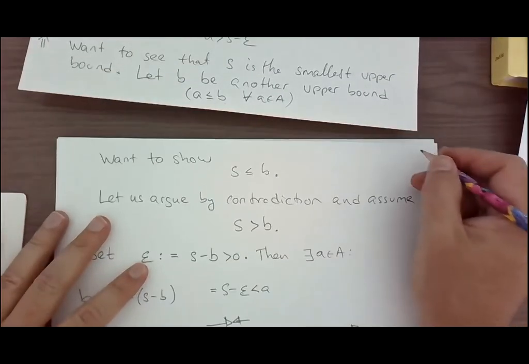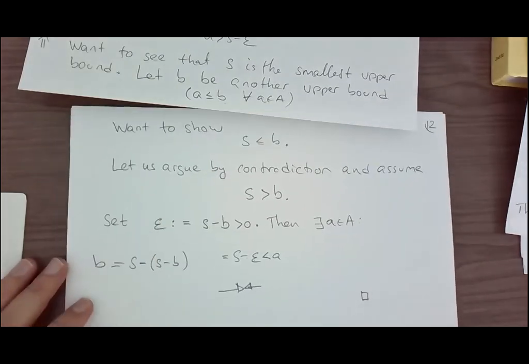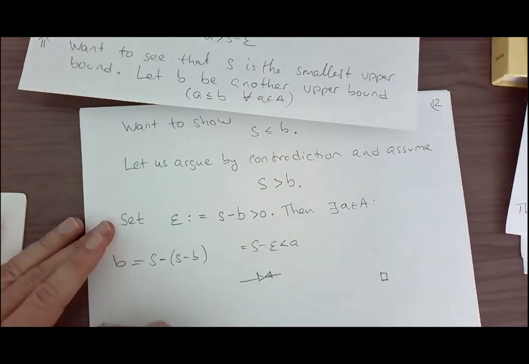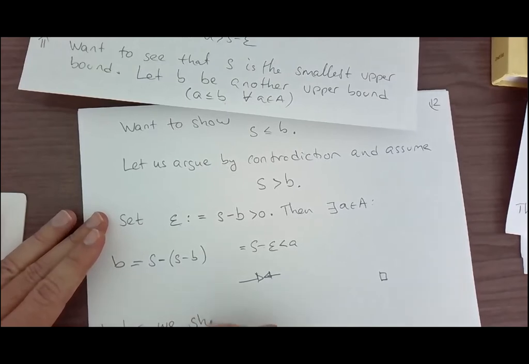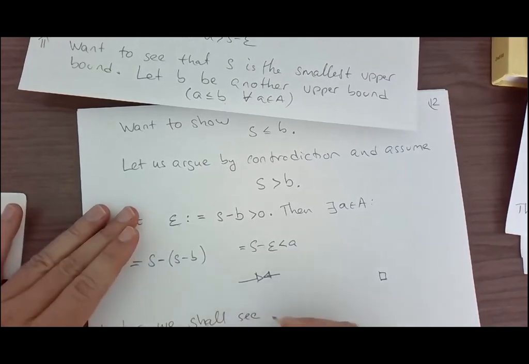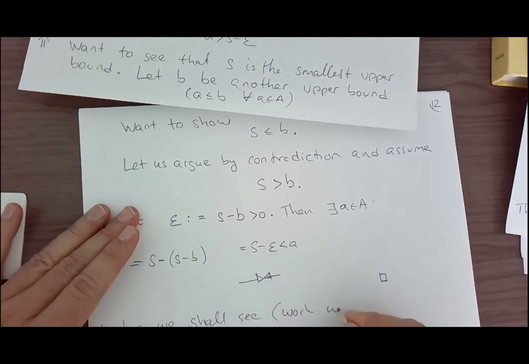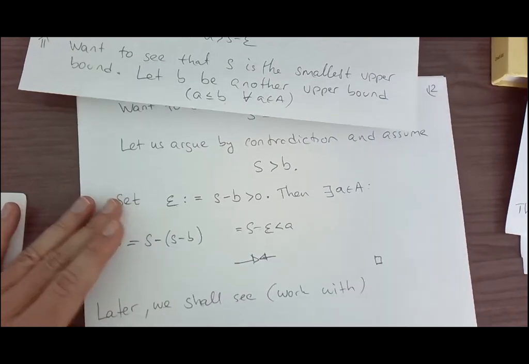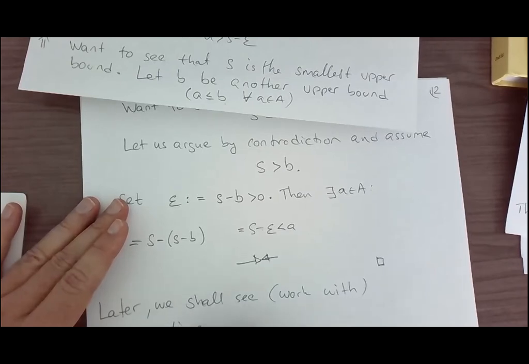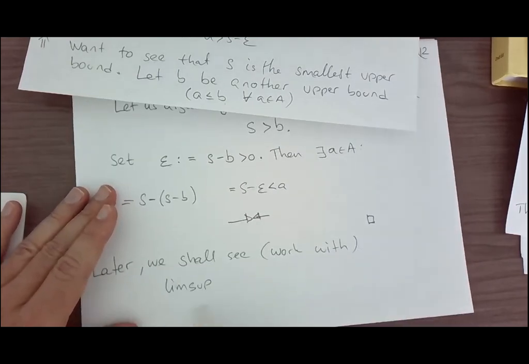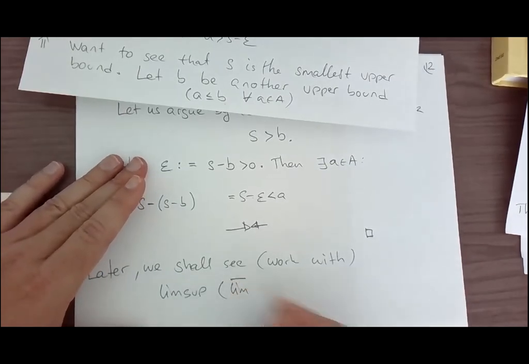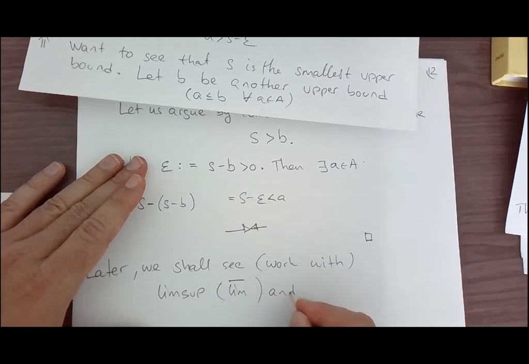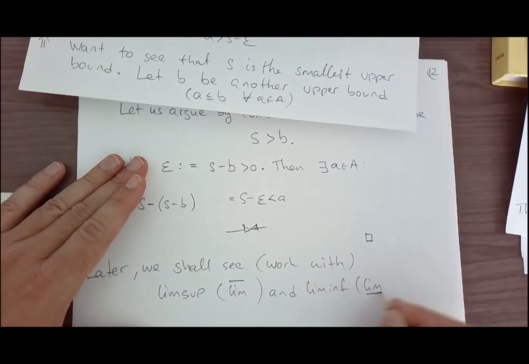I should also say that we shall see variations of this later. More specifically, we will work with quantities that are called lim sup. You see the supremum is here again. This is also sometimes denoted by lim with a line on top of it. And we also work with lim inf.